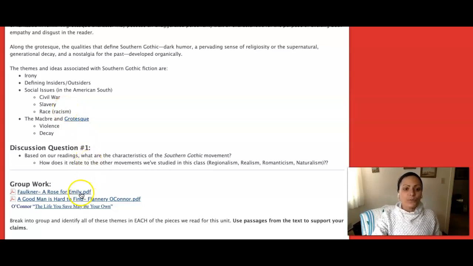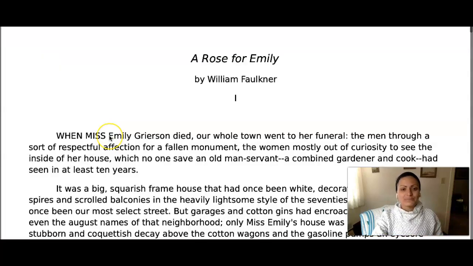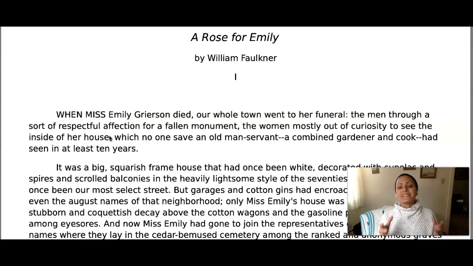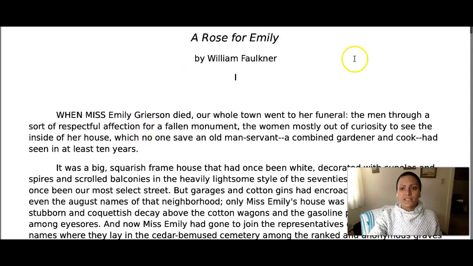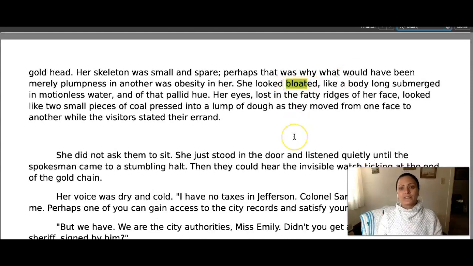And let's jump to A Rose for Emily and start pulling out, say, issues of decay. So, where do we see decay in William Faulkner's A Rose for Emily? What kind of words could be associated with decay? How about bloated? As a body decays, one of the things it does is bloat.